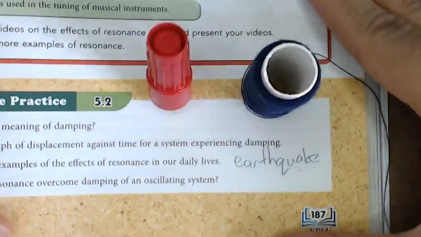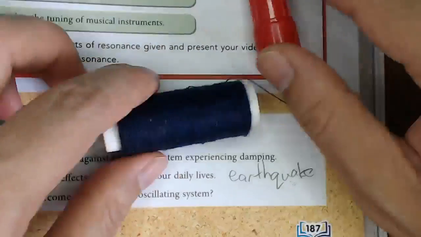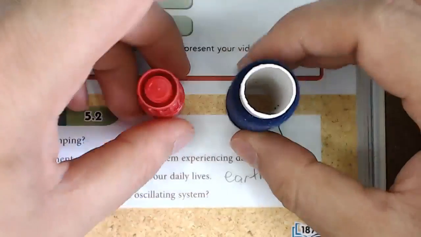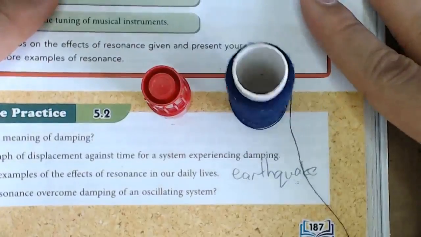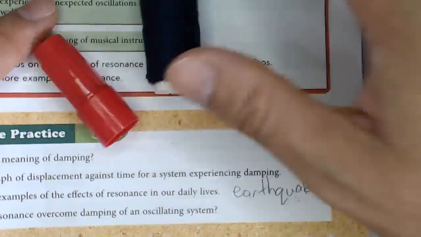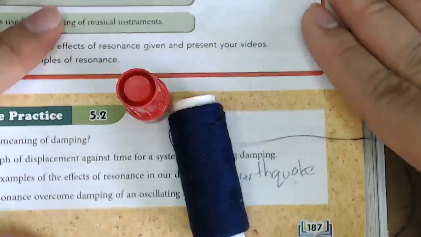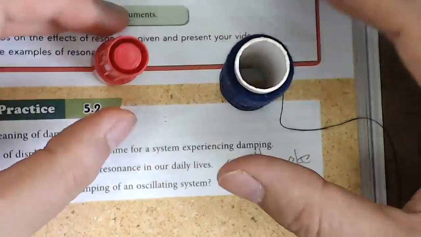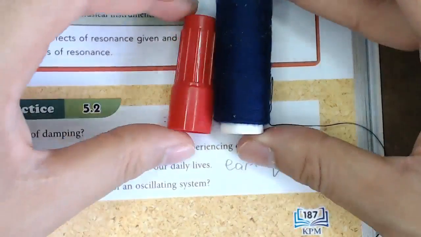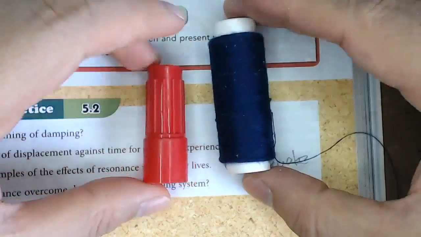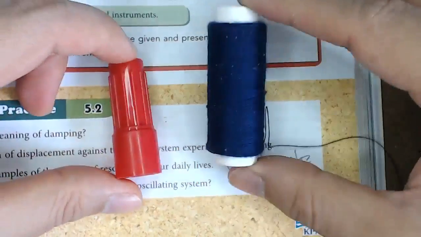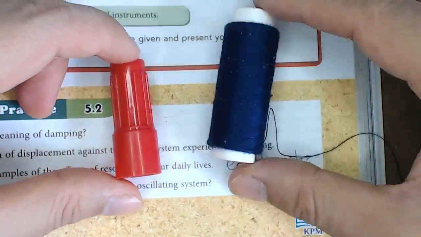Okay, why? Which one collapses first? So you see, which one is taller, the red one or the blue one? The blue one is taller, correct?